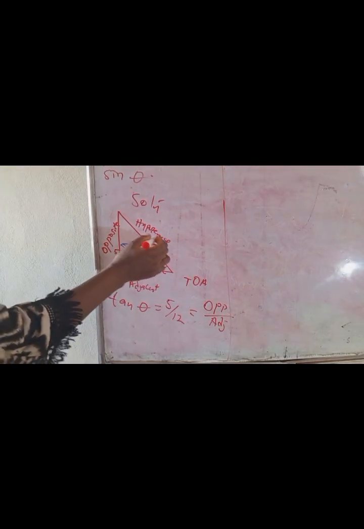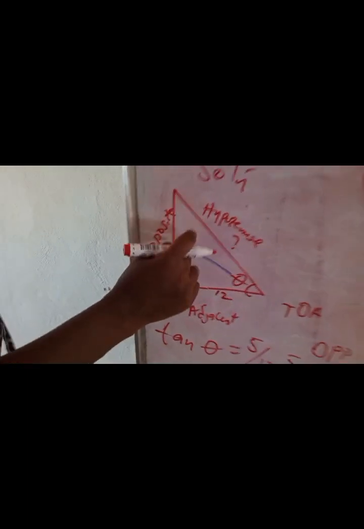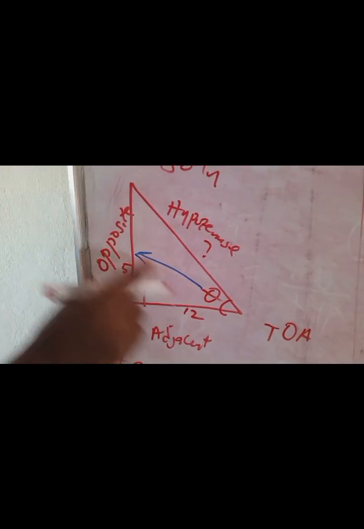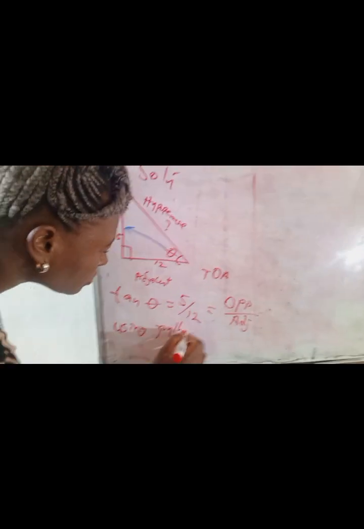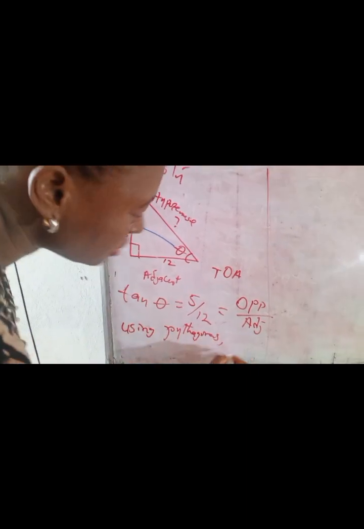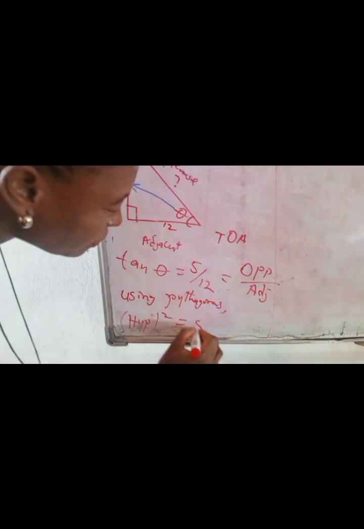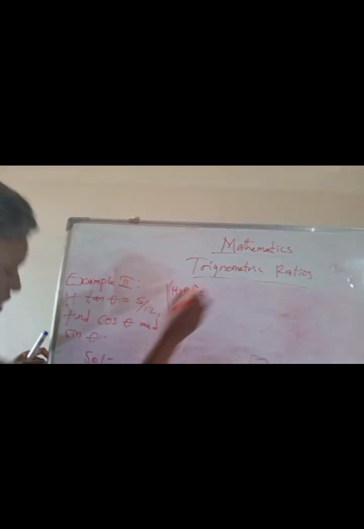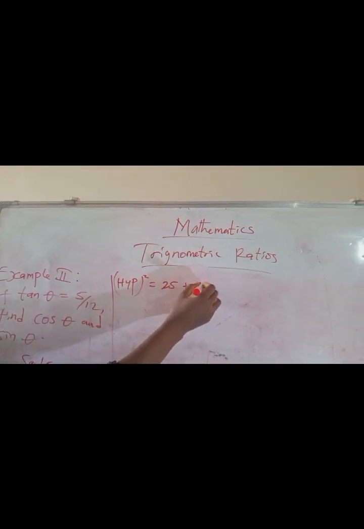Then we're looking for the hypotenuse here. You remember your Pythagoras, because the Pythagoras theorem says that the square of the longest side is equal to the sum of the squares of the two other sides. So using Pythagoras, hypotenuse squared is equal to 5 squared plus 12 squared. Then hypotenuse squared is equal to square of 5 is 25 plus square of 12 is 144.